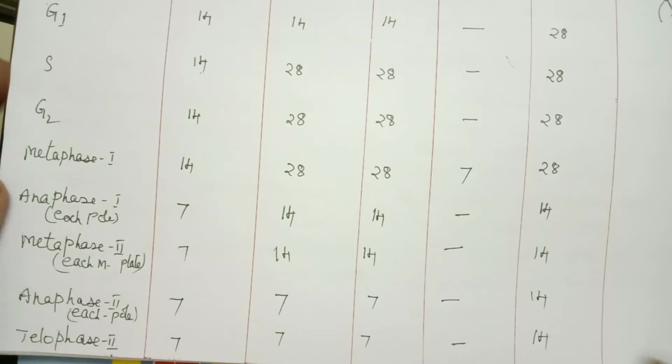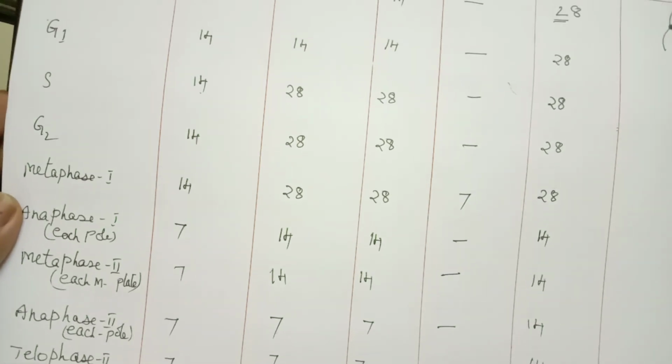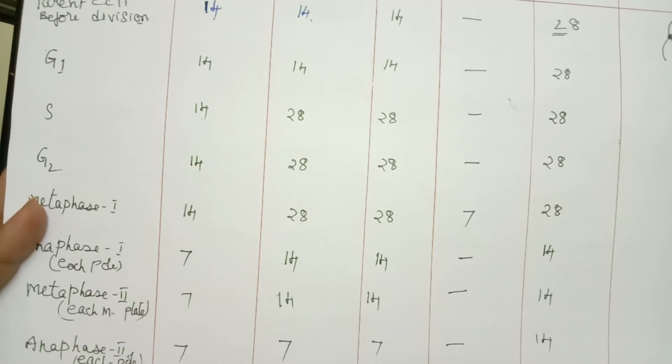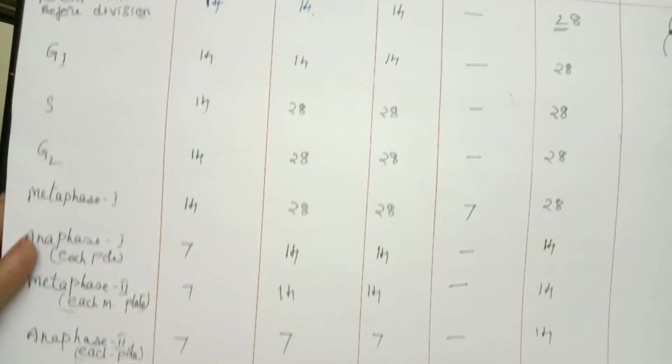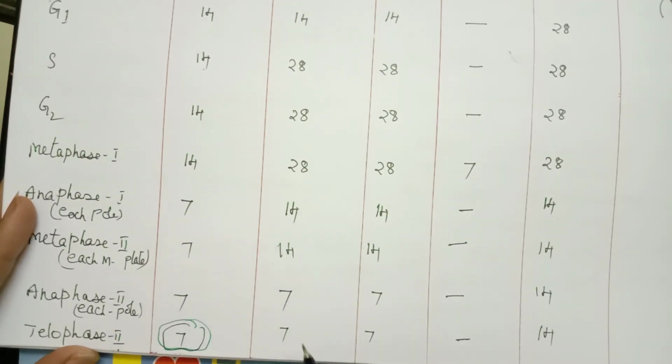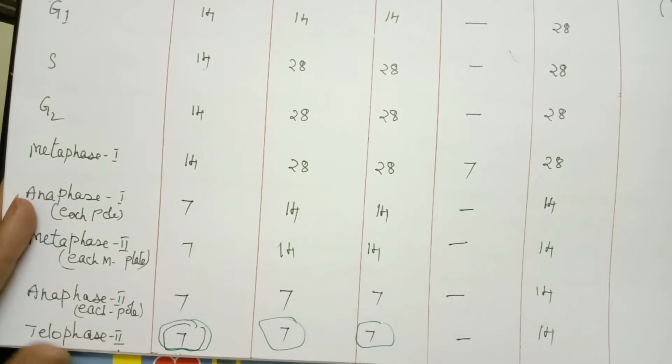Okay, now we have to compare two things here. These are the daughter cells. At the end of telophase 2, let us consider the chromosome number, the chromatid number, and the DNA.